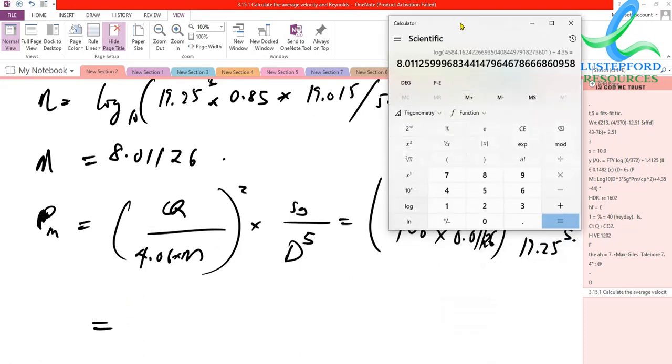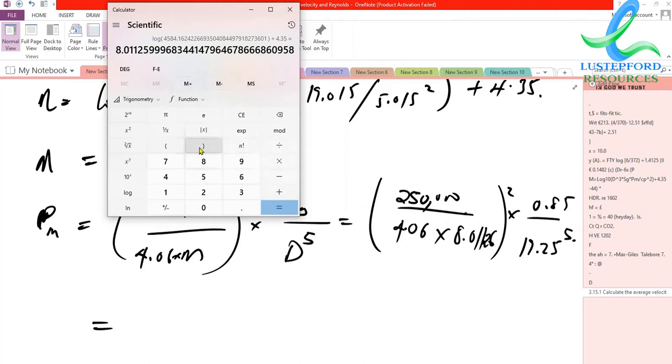Now let's just say this, inverse of this times 250,000 divided by 4.06 square times 0.85 divided by 19.25 raised to power 5.